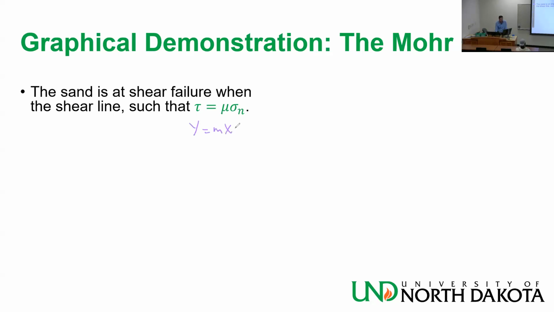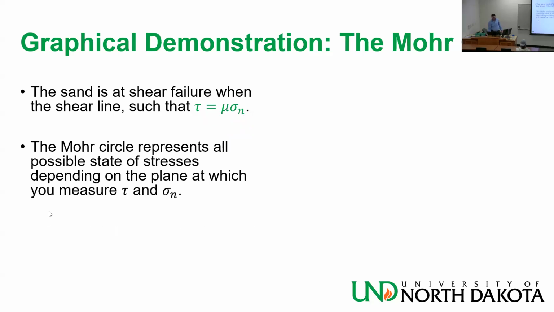We use the same. So sigma n is basically x. Tau is y. C is 0. I don't care about C. It's gonna lead to basically a straight line with the slope equal to mu.